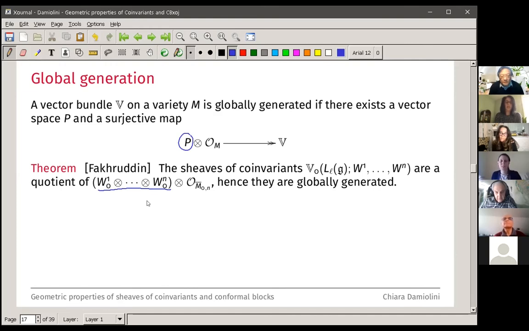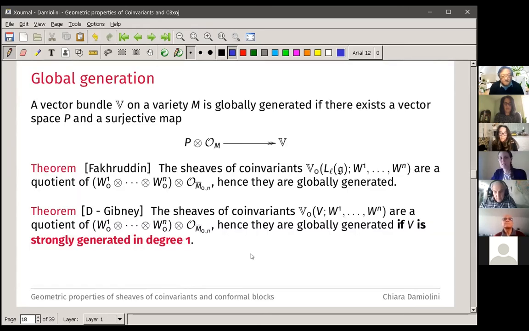So we thought, maybe this is true in general. One theorem that we have at the moment is that this is true, assuming the modules are simple and V is of CohFT type, under the assumption that V is strongly generated in degree 1. This condition means that I can write every element of V as a combination of elements of this form.